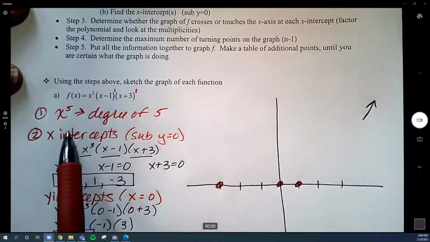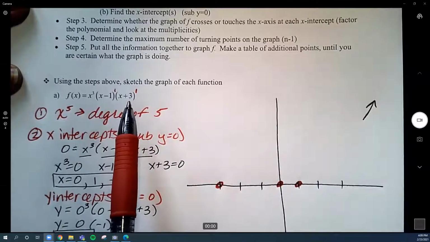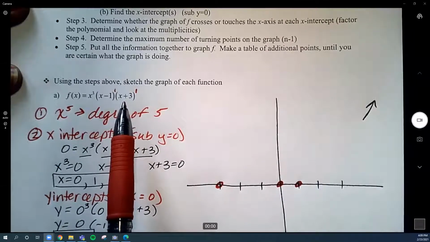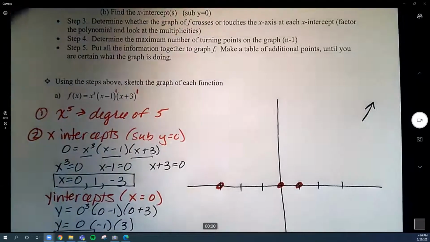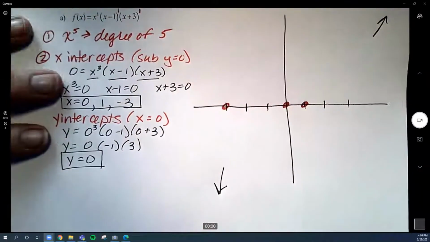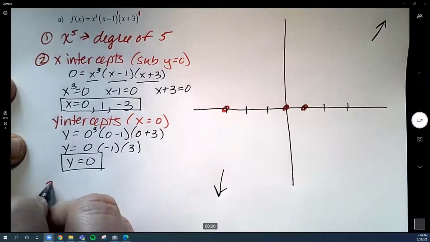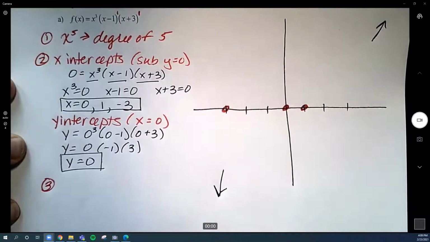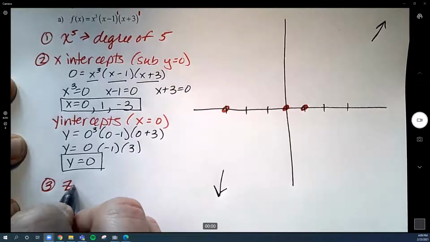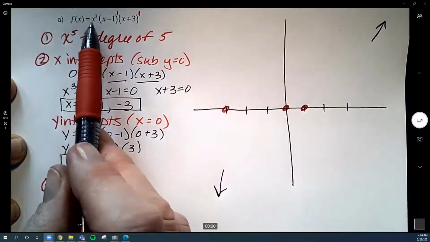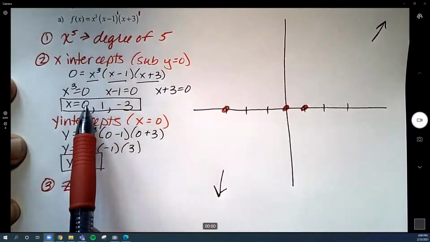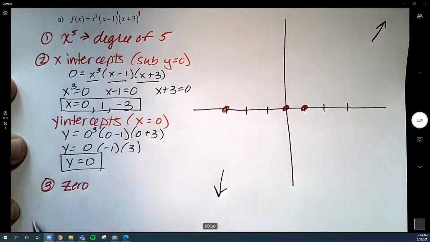So you're going to need to factor the polynomial, which in this case it already is, and then look at the multiplicities. So in step 3, let's analyze each of these zeros. Let's look at the first one, this 0 right here, which would be the point 0, 0.